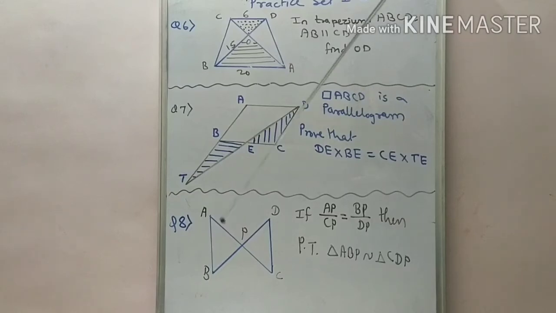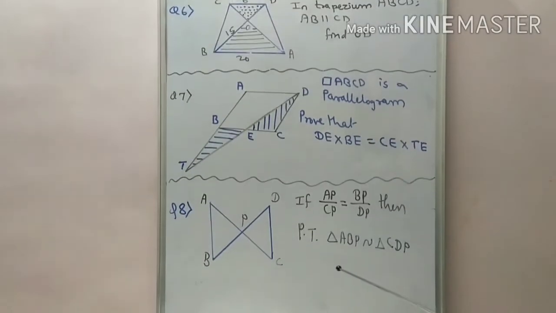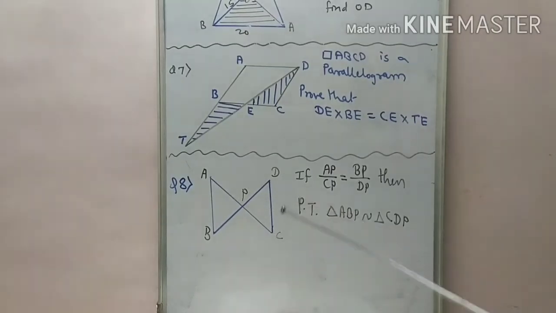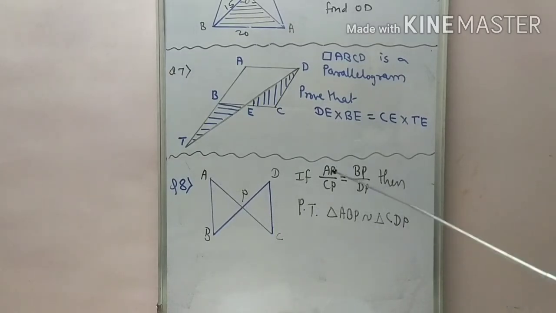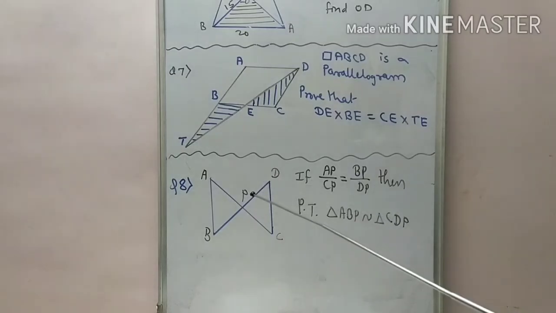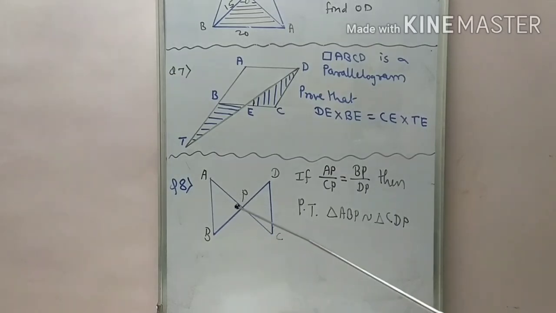Okay, the 8th one is also a simple one. In this figure we are given that AP upon CP equals BP upon DP, and then prove that the 2 triangles are similar triangles. So what we observe here, students, is that the corresponding side of AP is CP, and here it is given that the ratio AP upon CP is equal to the second ratio BP upon DP. Okay, means here we have to identify the one angle which lies in between these two sides, and that angle is what here?